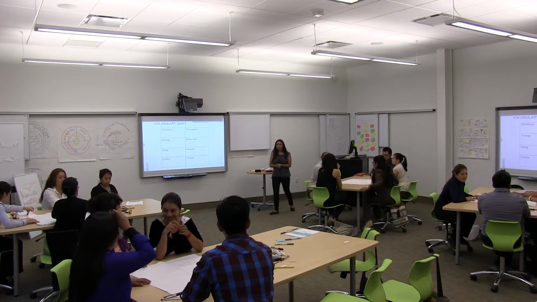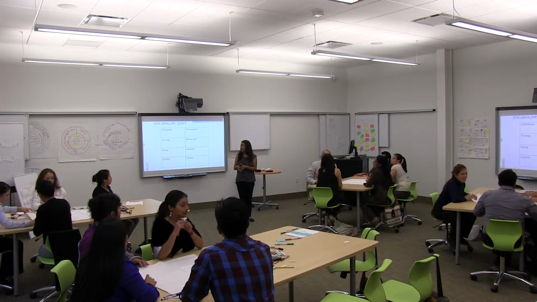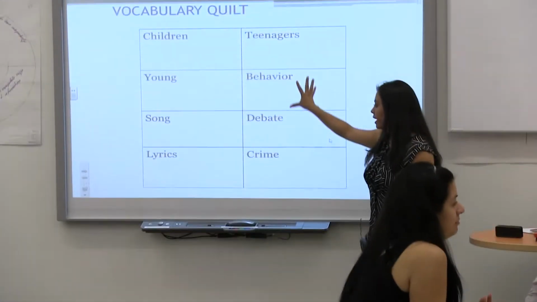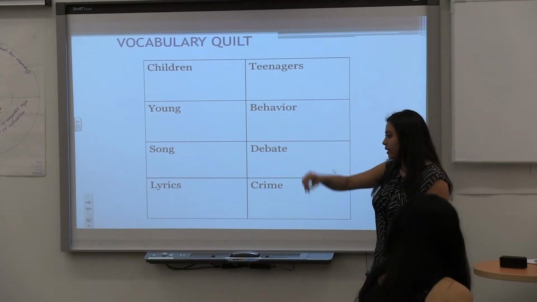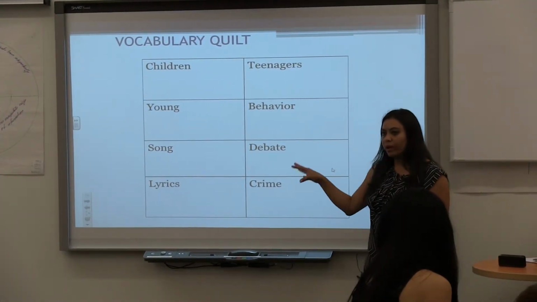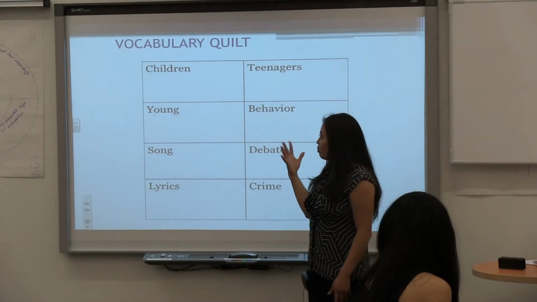Okay, as you know, we have worked with this kind of strategy before, so you know how to work. You are going to write these 8 words in each box, and then you are going to write or draw what you think about each new word, okay? But before, we are going to repeat the words.